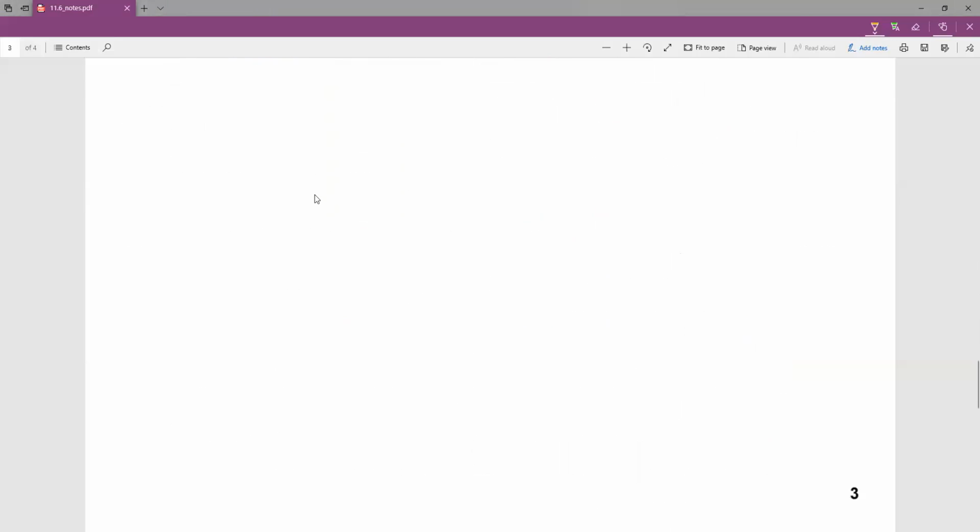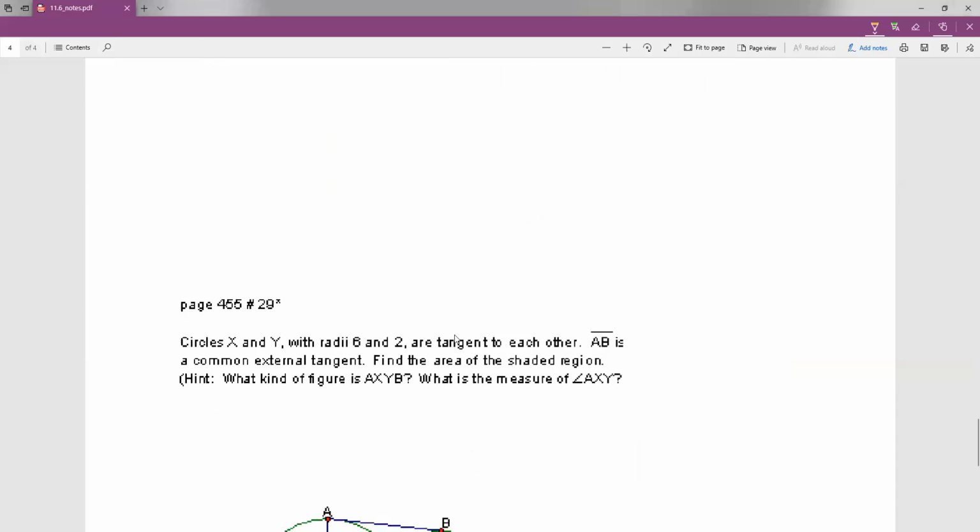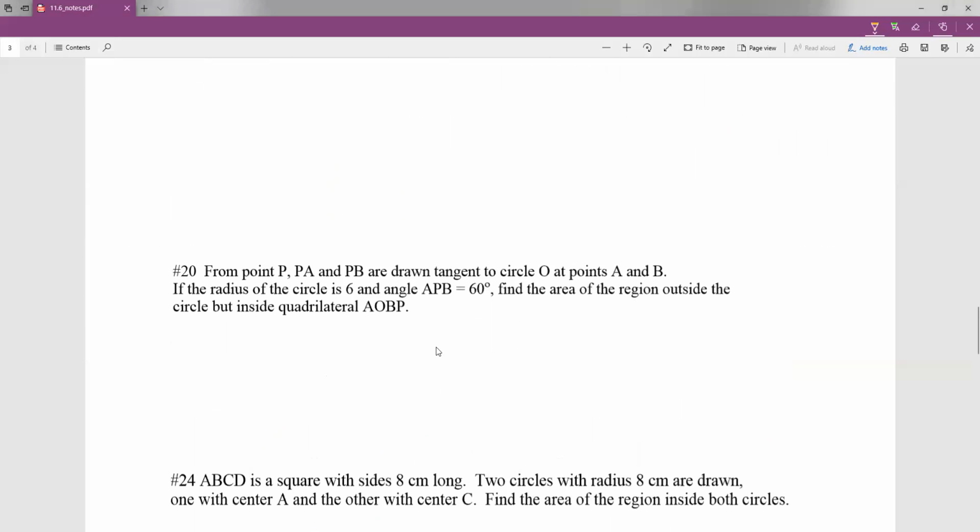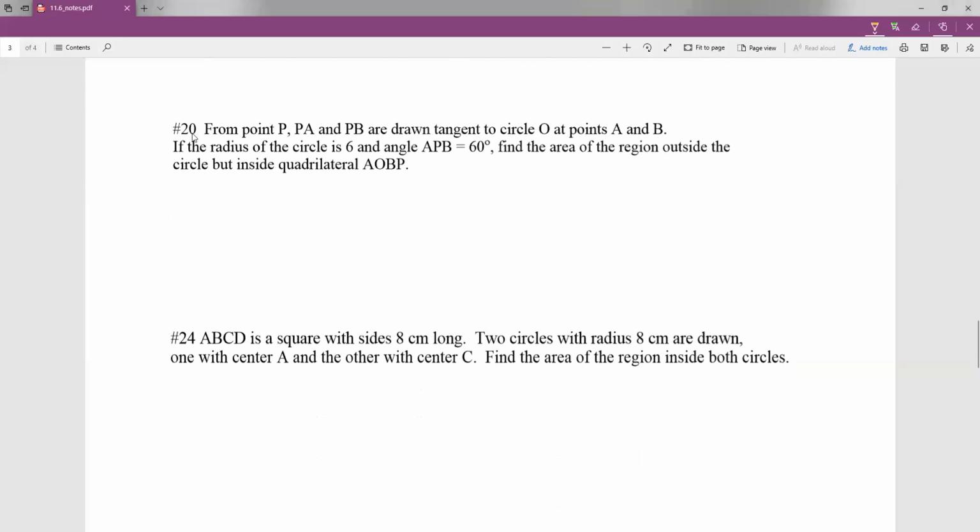All right. These 2 problems are really wordy. Number 20 and number 24, you've got to really read them, draw a picture, make sure you know what's going on. From point P, PA and PB are drawn tangent to circle O at points A and B. We haven't gone over circles yet, but tangent means that the line that's tangent to a circle is only going to touch the circle at one point.